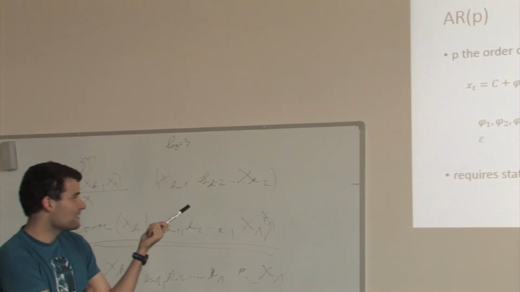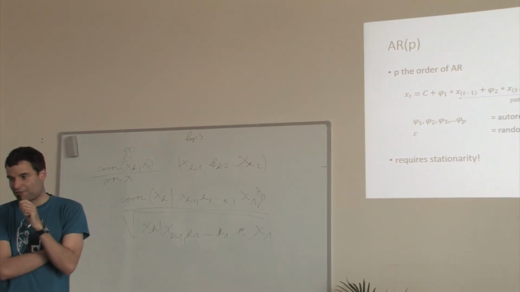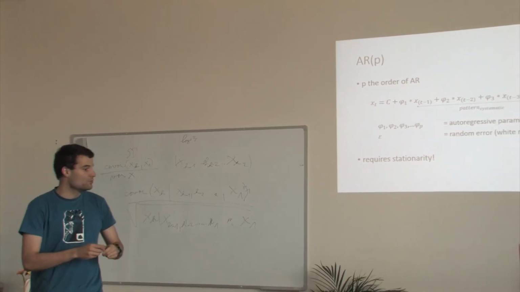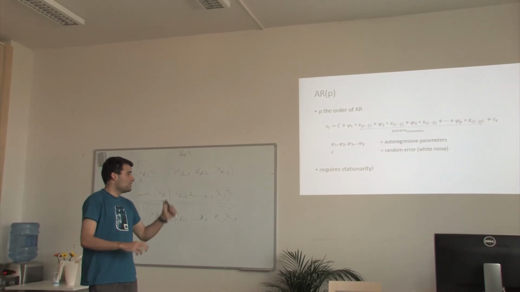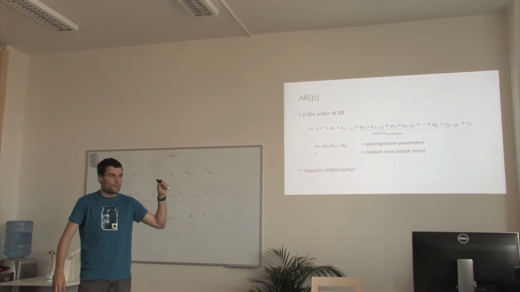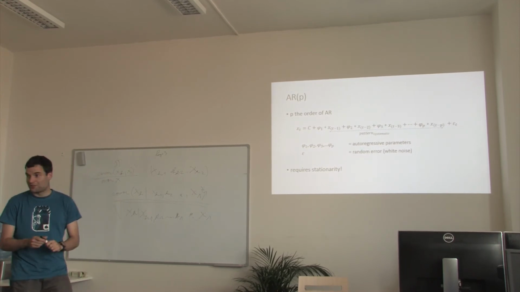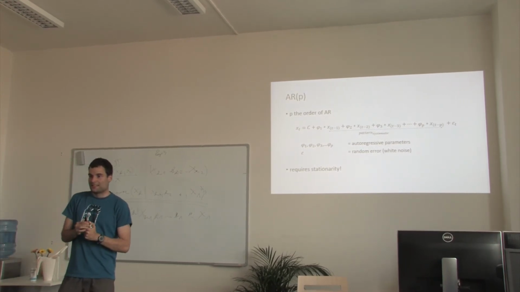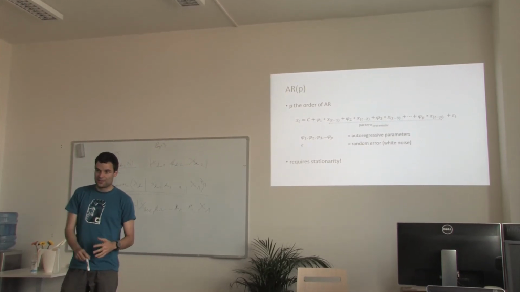There is some constant. It is usually 0 because the data is transformed into the difference from the mean, because all these models require stationarity, which means that they have a constant variance and mean value in time.